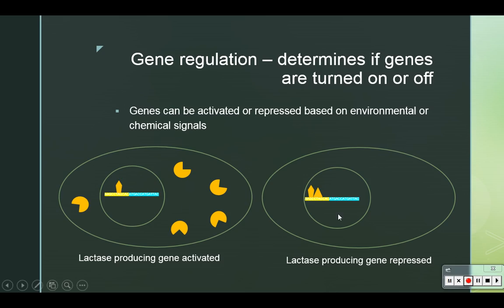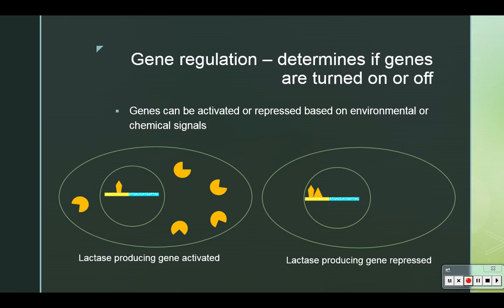In this cell over here, though, there is a repressor protein that attaches in front of the activator protein, and it blocks any signals. So really what's going on is that this little protein helps this regulatory region send signals to the coding region that then allows it to be transcribed and translated.